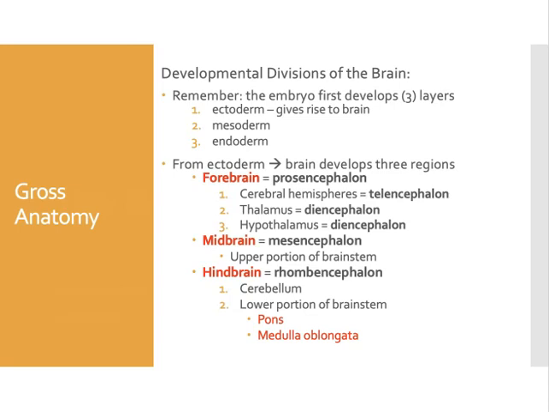It's the ectoderm layer that gives rise to the brain. Now, from the ectoderm, the brain will develop 3 distinct regions: the forebrain, the midbrain, and the hindbrain.